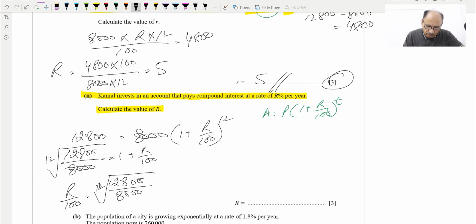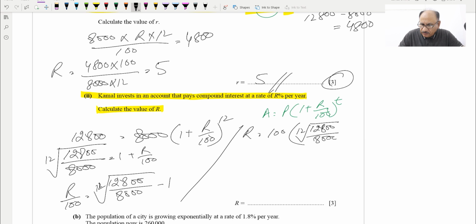And minus 1, and the final will be R is equal to 100 into the 12th root of 12,800 over 8,000 minus 1.